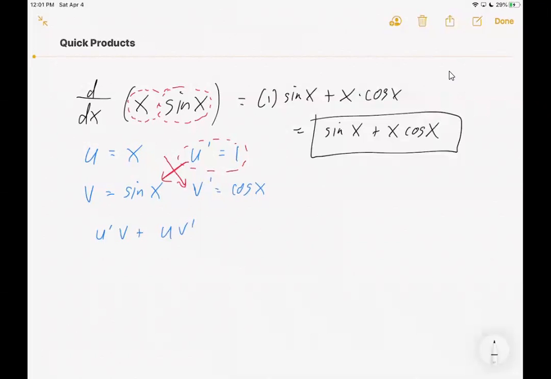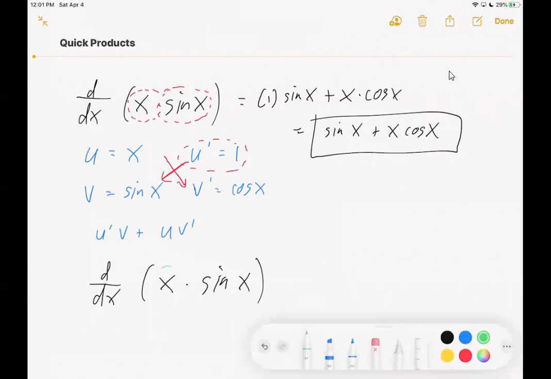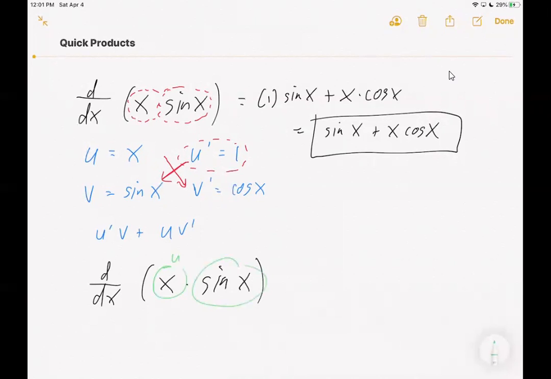Now, these derivatives are so easy to do that we probably could just do this crisscross in our head, all right? So let me write it down and do it in sort of quick style here, the same problem. So if I simply call that u and this v, I can just write out, if I remember, u prime v plus u v prime.